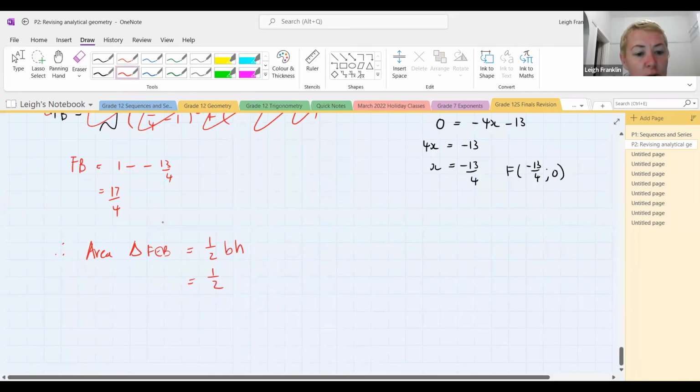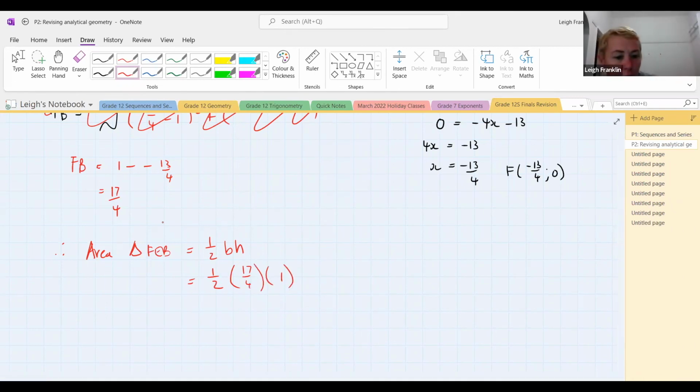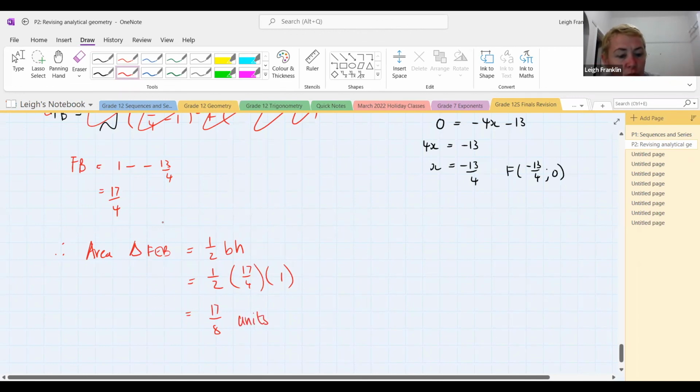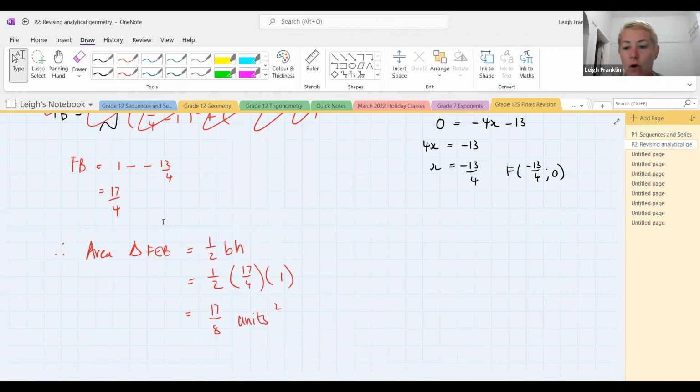This gives us half times 17/4 times 1, which leaves us with 17/8 units squared.